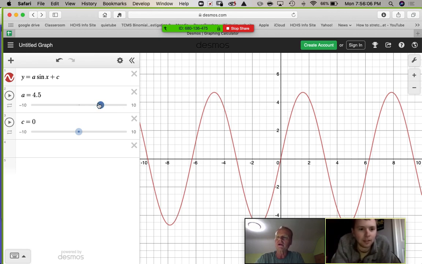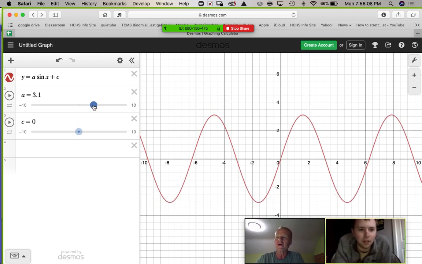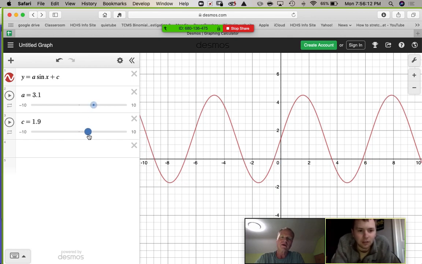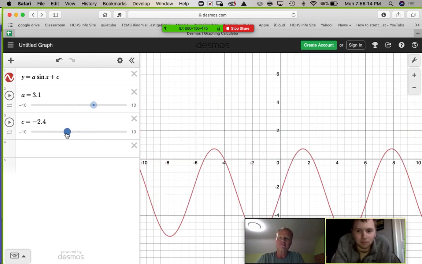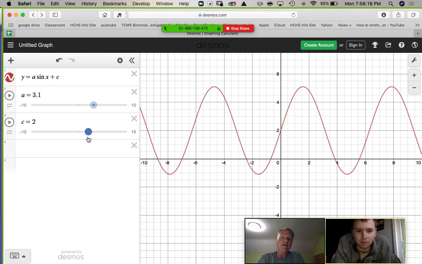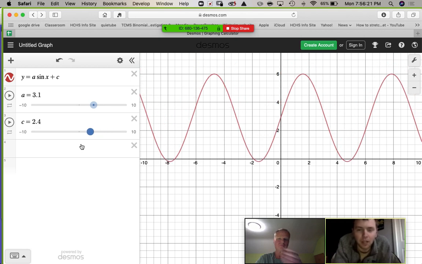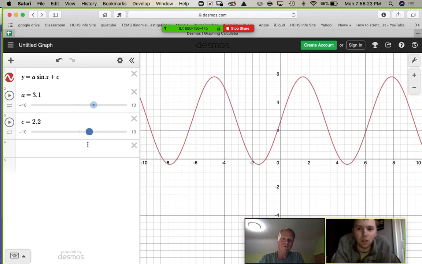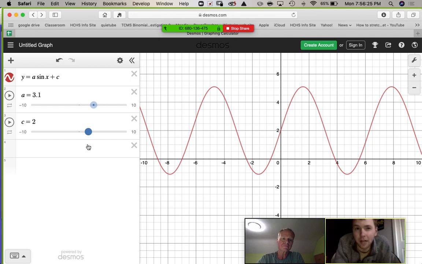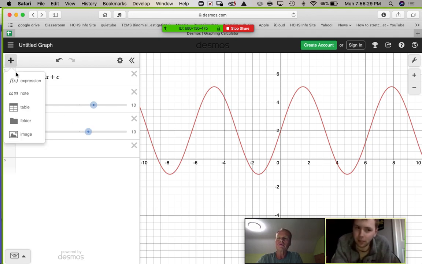All right, let's talk about C real fast. We said that was pretty easy. Yeah, you can kind of see. All that C does, guys, is grab onto the graph and raise and lower it. It's got a similar effect to the C term for a quadratic in standard form, yes. But the key difference is it's not the y-intercept.